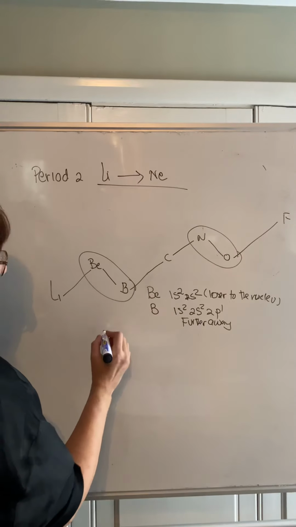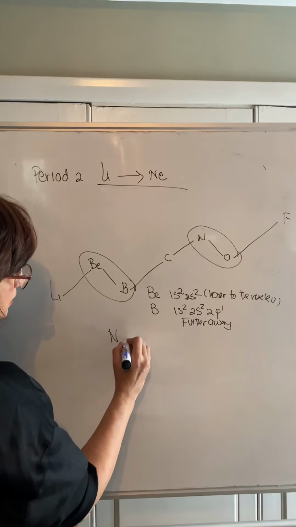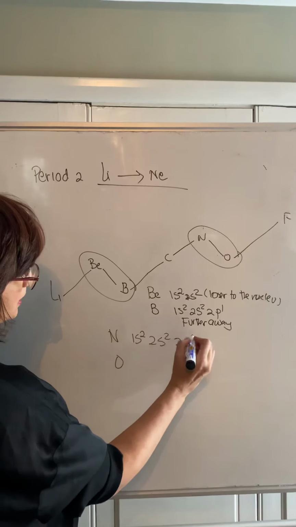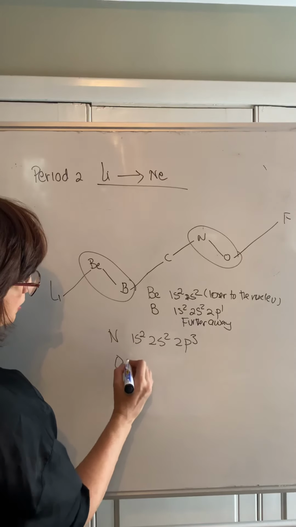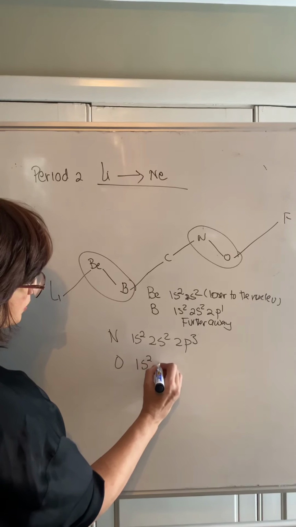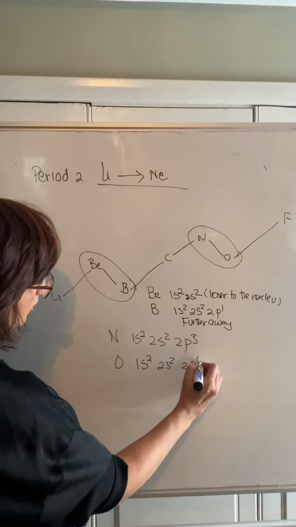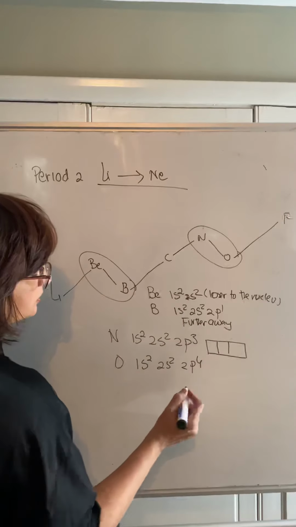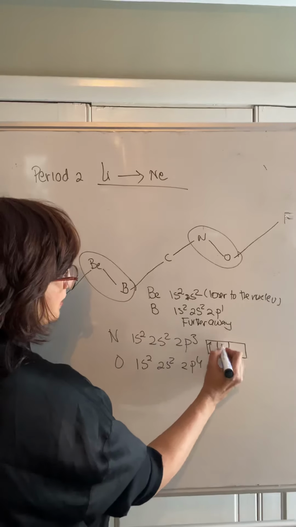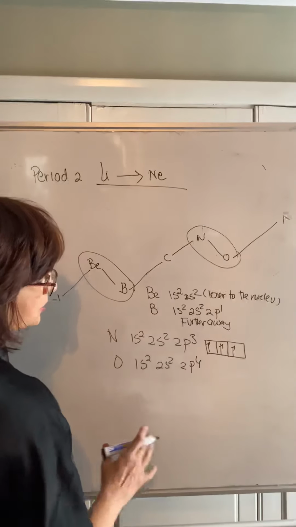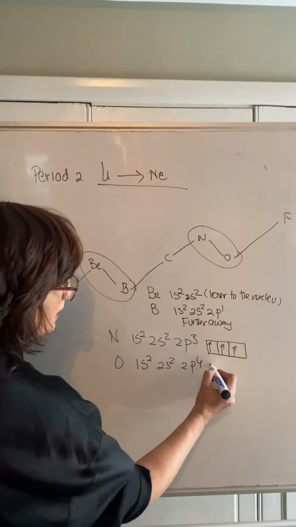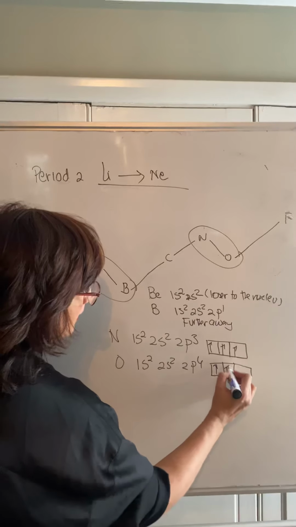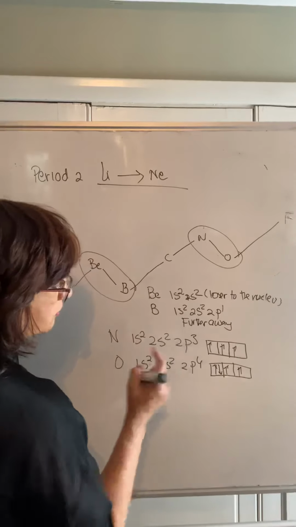So if you go to nitrogen and oxygen, nitrogen has 7 electrons, 1s2, 2s2, 2p3, and oxygen has 8, so 1s2, 2s2, 2p4. So what's happening here? The p subshell is divided into 3 orbitals. In nitrogen, the 3 electrons sit singly in their 3 orbitals, parallel, which is very stable. But in oxygen, one of the 3 orbitals has 2 electrons.